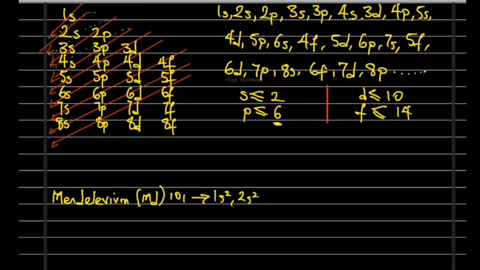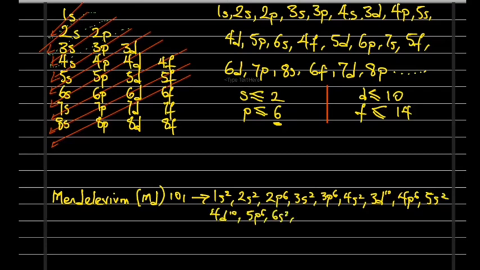1s2, 2s2, 2p6, 3s2, 3p6, 4s2, 4p6, 5s2, 4d10, 5p6, 6s2, 4f14, 5d10, 6p6.